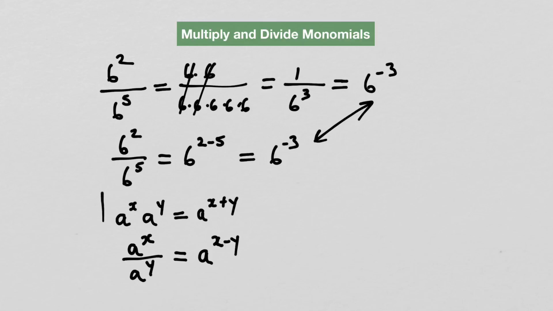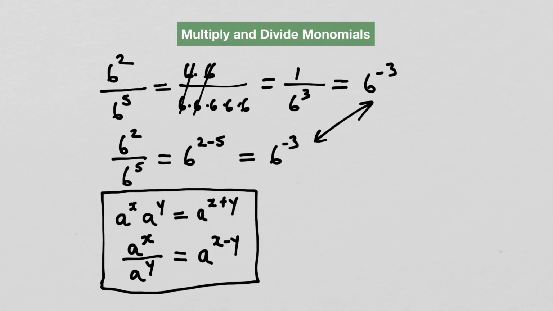So these are two equations worth remembering, okay? But again, you don't have to memorize it if you understand the concept that I just taught, okay? Again, if you don't remember the equation, here's how you figure it out.